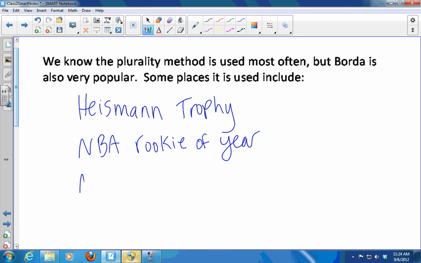A lot of music awards use a Borda count system to determine the winner. When a board of directors for a company or an organization has to vote, they often use Borda count.